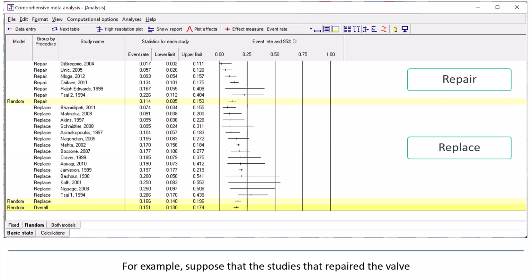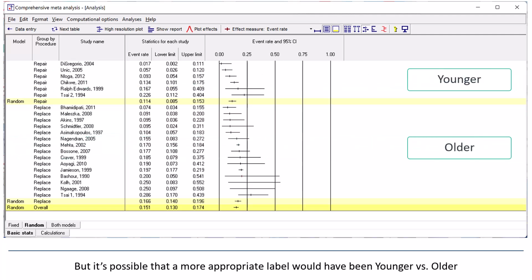For example, suppose that the studies that repaired the valve tended to enroll patients who were younger, closer to 80, while studies that replaced the valve tended to enroll patients who were older, closer to 90. We chose to call these groups repair versus replace, but it's possible that a more appropriate label would have been younger versus older.